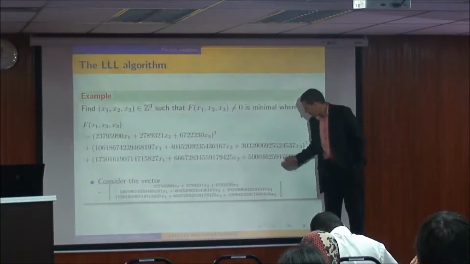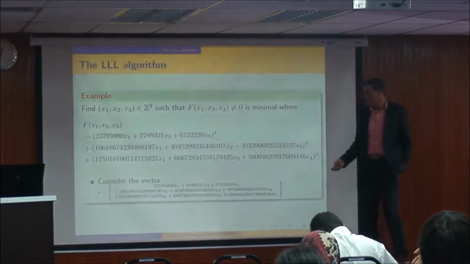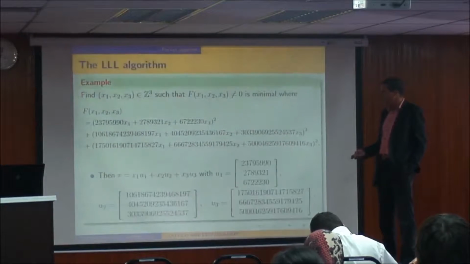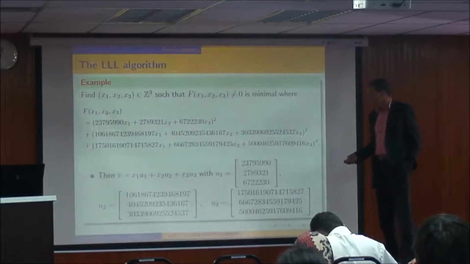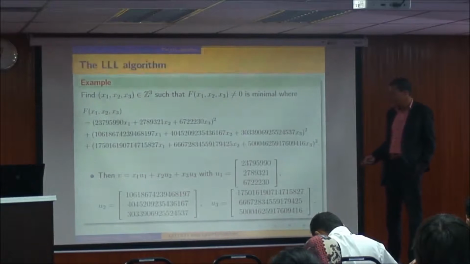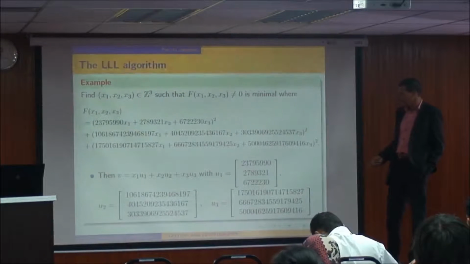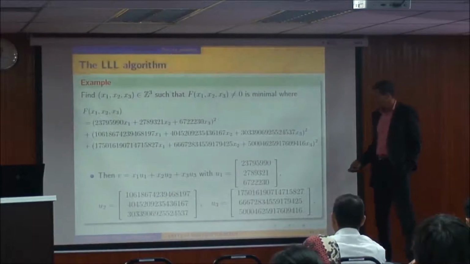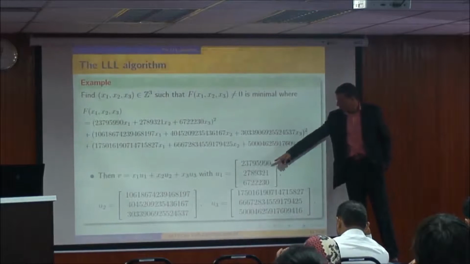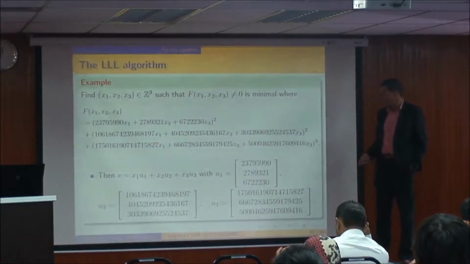The last one is the last term. So this is a vector v, and we can write that v is x1 times u1 plus x2 times u2 plus x3 times u3, and this is u1, this is u2, and this is u3.